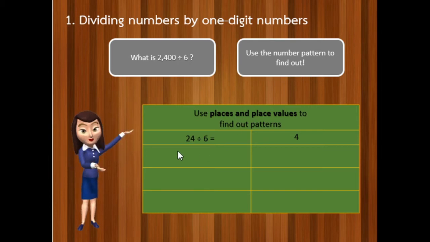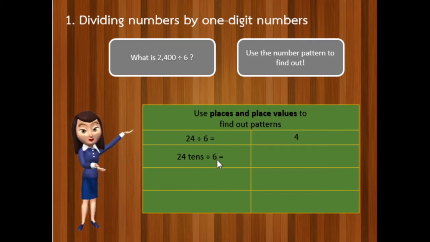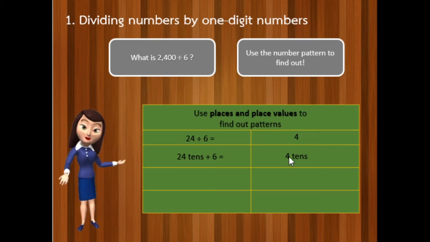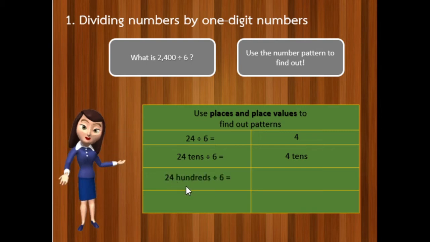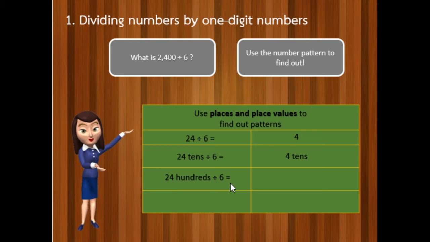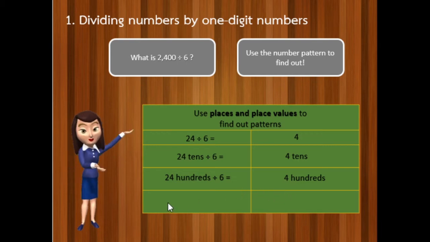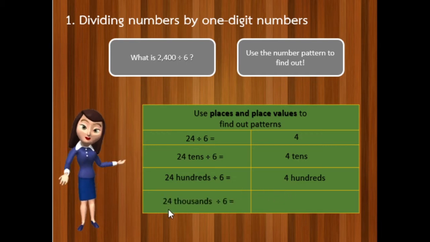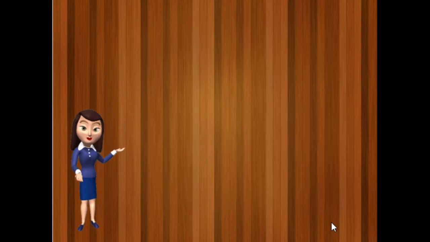Followed by 24 tenths divided by 6 equals 4 tenths. Can you follow? Next is 24 hundredths divided by 6 equals 4 hundredths. And 24 thousandths divided by 6 equals 4 thousandths. How does it look when we write it in numbers? Look at this.